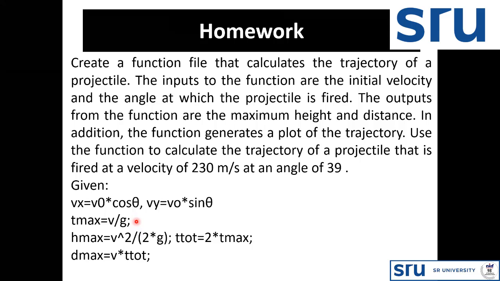The remaining half time is when it is coming down. So the summation of going up to maximum height and coming down is the total time. T total is equal to 2 into T max. Whatever time it takes going up, the same time it takes to come down also. That's why 2 into T max.